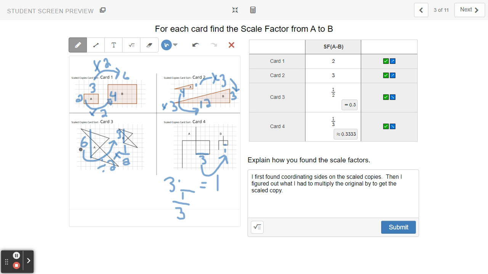And actually, now that I'm thinking about it, I didn't find corresponding sides here. So I'm going to say corresponding sides or corresponding distances on the scaled copies. Then I figured out what I had to multiply the original by to get the scaled copy. And that really describes exactly what they're asking.